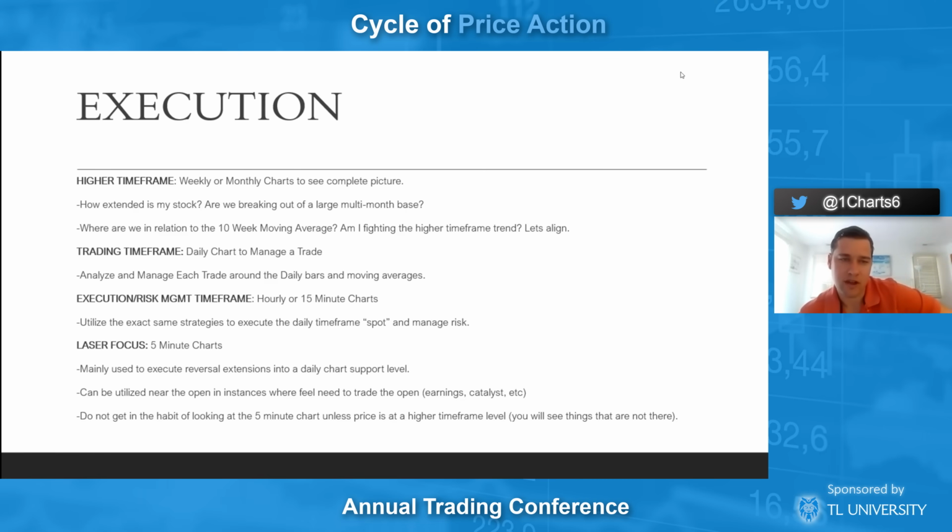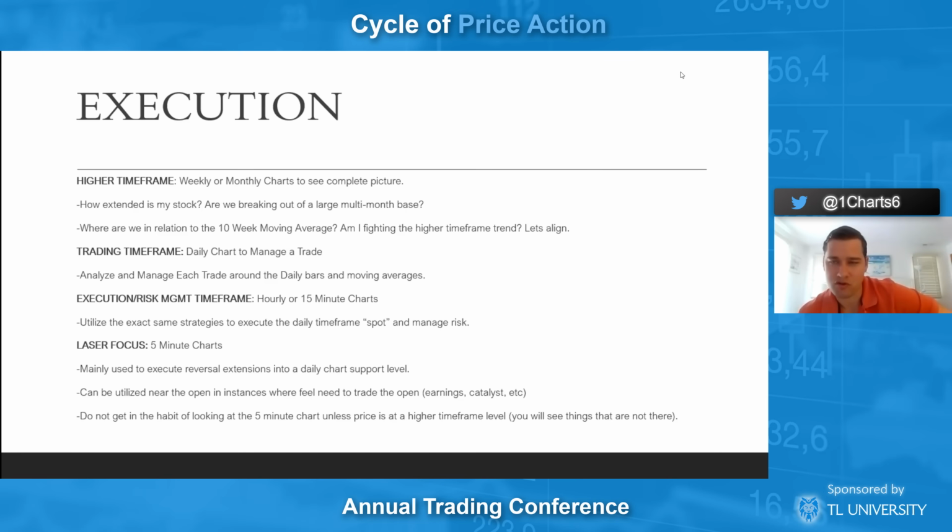So from a higher time frame perspective, those are some of the questions I'm asking myself, so that when I do step down to the daily chart, to my actual trading and execution time frame, I'm in alignment with that higher time frame. So when I come to the daily chart, this is where I'm analyzing the daily bars and those daily 10 and 20 period moving averages to set up my trades.